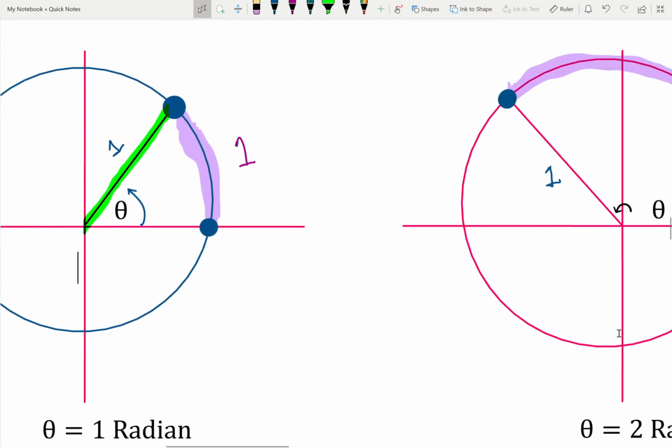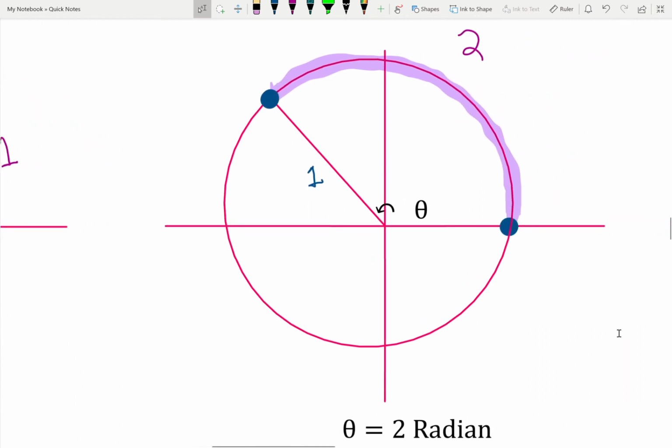So when those two things are equal, we say that the angle measure is 1 radian. So what does it mean if the purple line is twice as long as the green line? Well, if the arc length is twice the length of my terminal side, then we say that's 2 radians. So how do we generalize this?